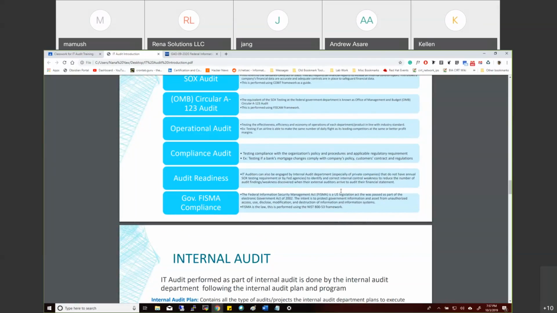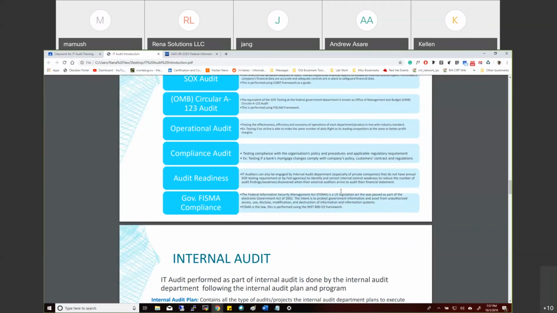For any company that does business with the government or receives funds from the government, they have to be able to show proof that they can protect against the disclosure, modification, and destruction of any government information, okay?